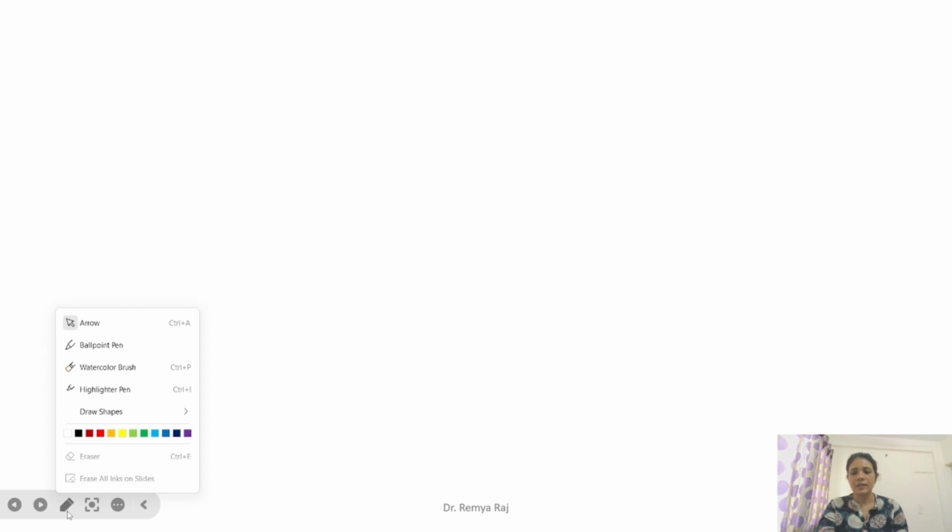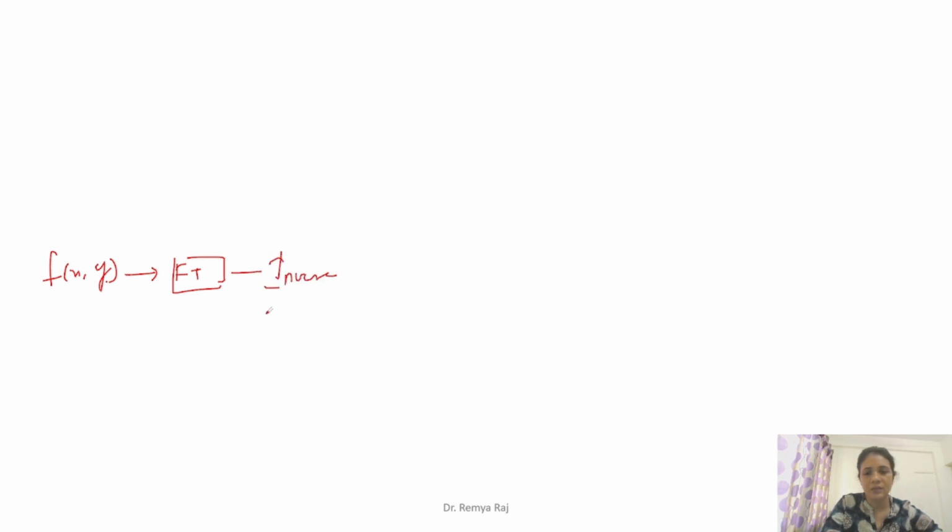So first we will see the block diagram of the image restoration model. I hope you all remember. It starts with f of x comma y. We take its Fourier transform, that is, the frequency domain, and give it to an inverse filter.